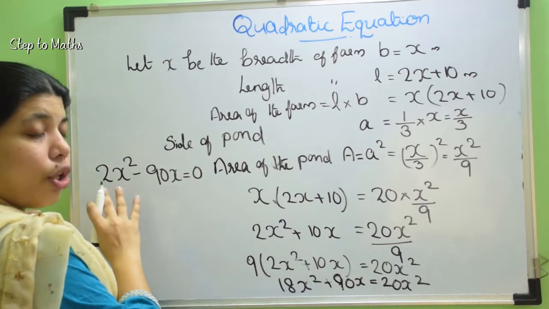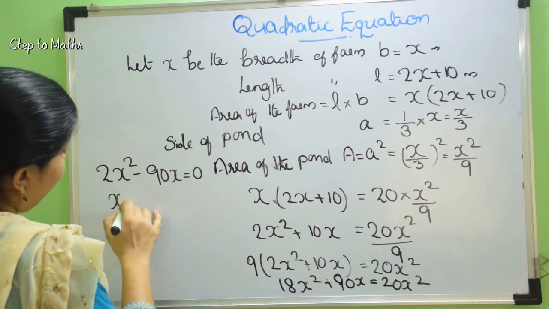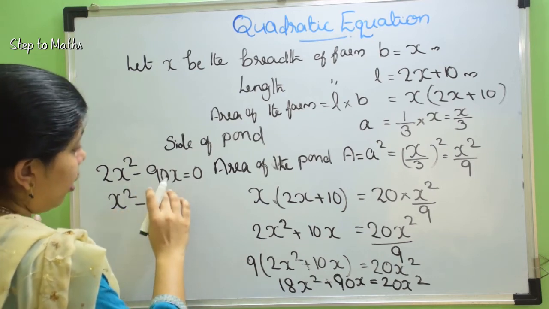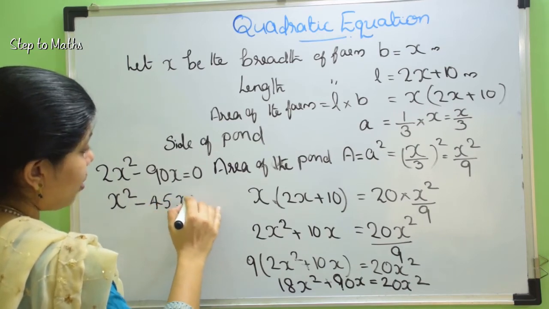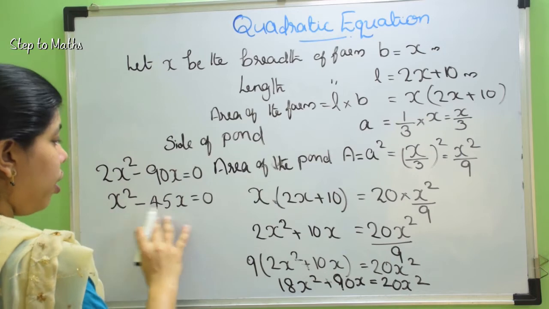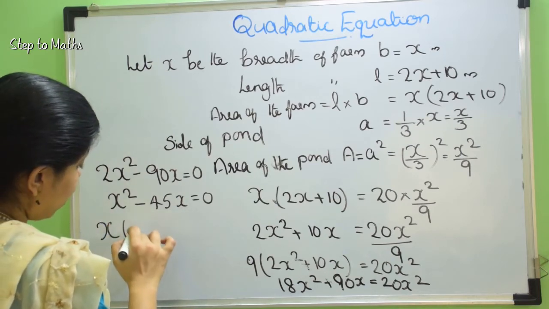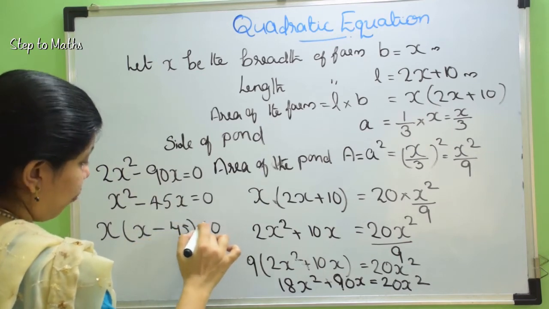If we divide this equation throughout by 2, it becomes x square minus 90 by 2 is 45, 45x is equal to 0. From the two terms, x is common, so we can write it as x into x minus 45 equal to 0.